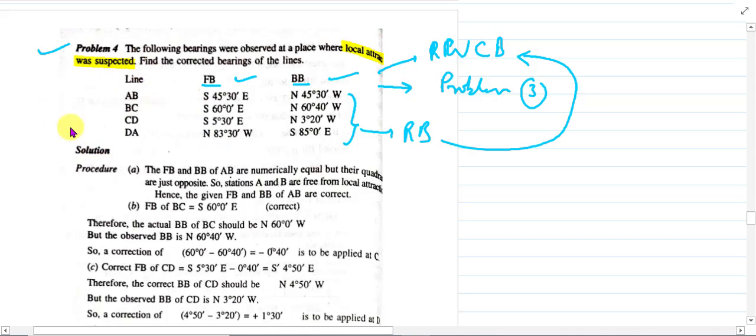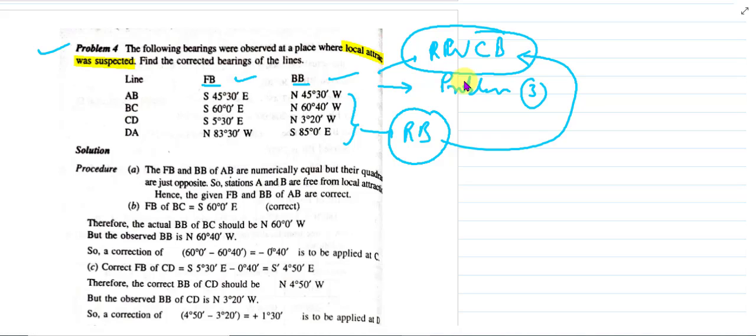Another approach is to just solve this numerical as it is, given in the form of reduced bearing. You don't need to convert these readings into WCB. So this is the second approach. Now I am moving with the second approach so that you will understand both numericals separately.